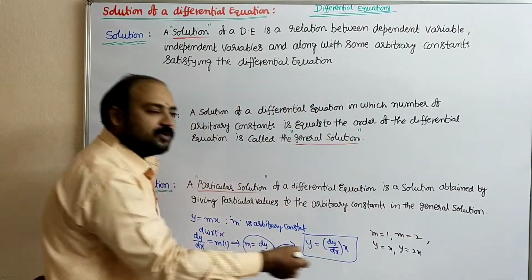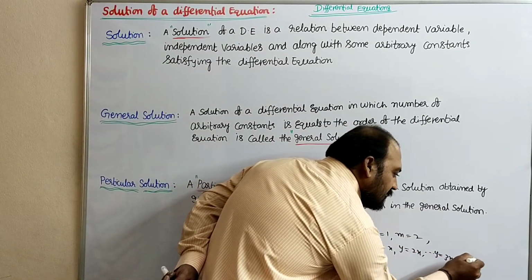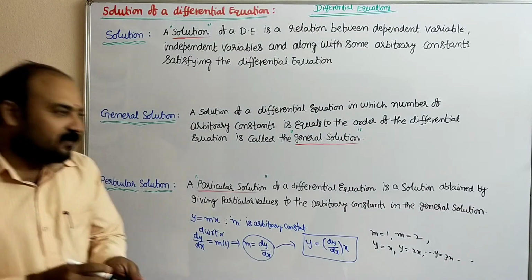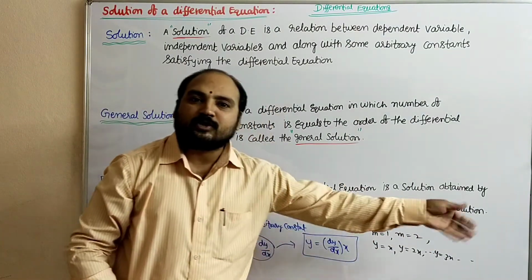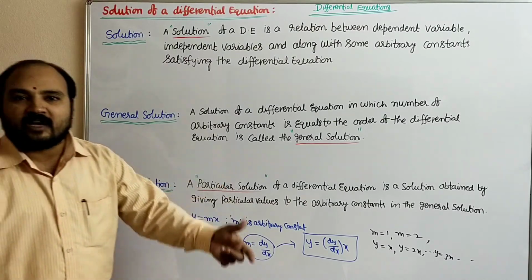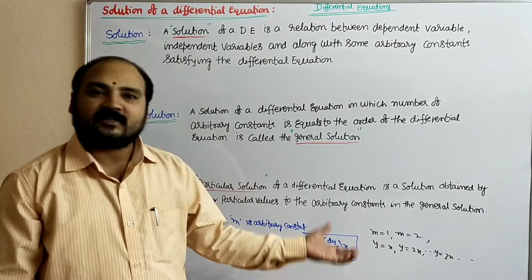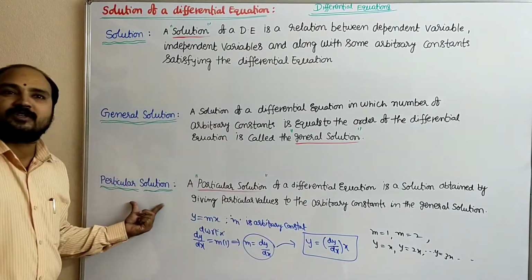If m is equal to 3, y is equal to 3x and so on. These lines will come. These values, m is equal to 1, 2, 3, up to n, are called particular values. That is the reason y is equal to x, y is equal to 2x, y is equal to 3x are called particular solutions.